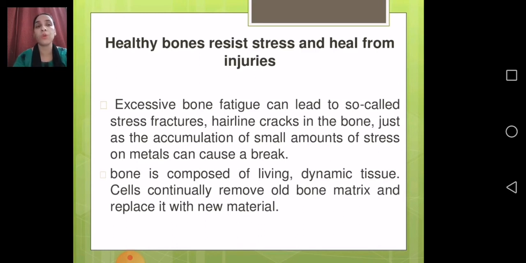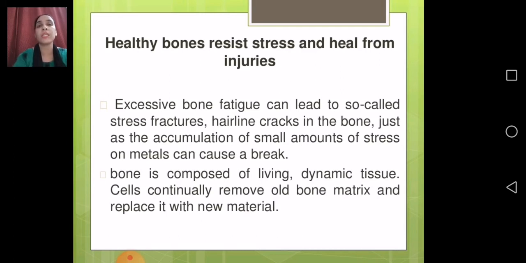Bone is composed of living dynamic tissues. Cells continually remove old bone matrix and replace it with new material. Now our bony structure is very smart. Whenever our body finds that a particular bone is of no use, it just discards it. We cannot take a bone out of our skeleton, but the bone marrow present inside the bone can be discarded.